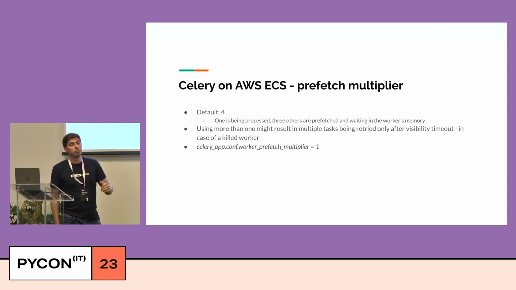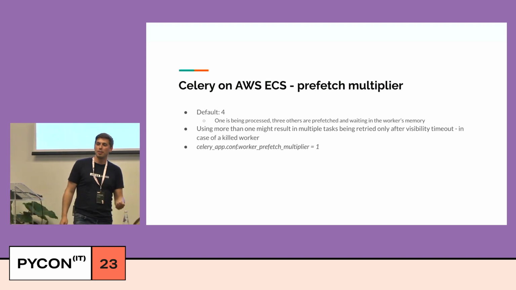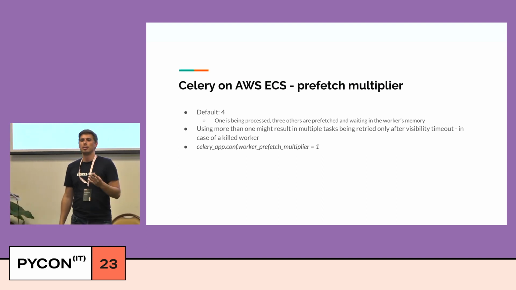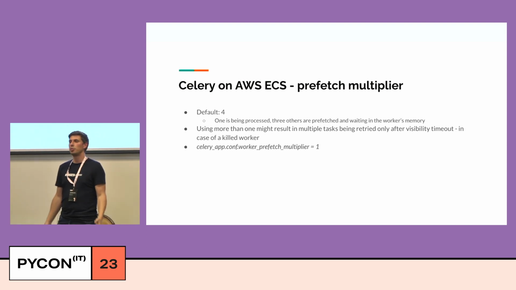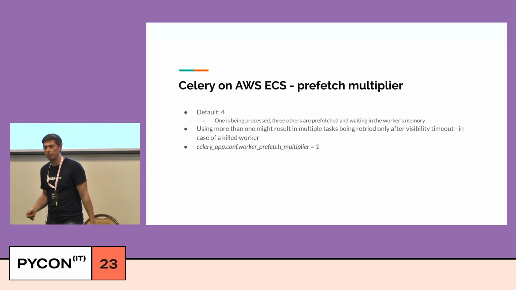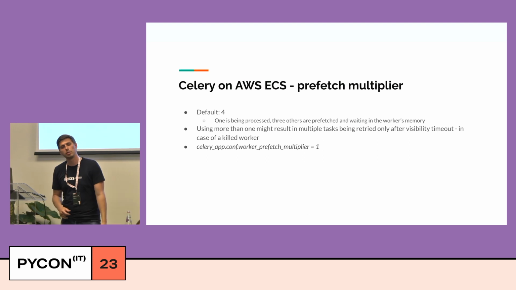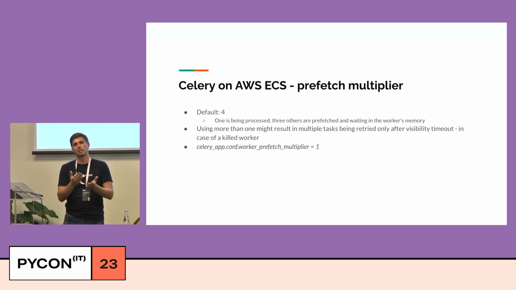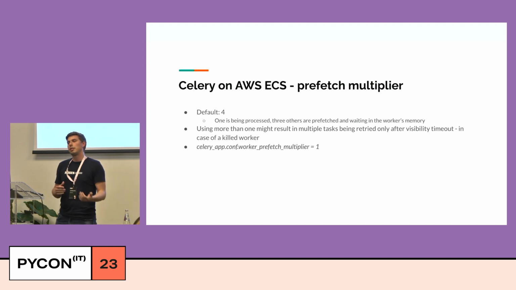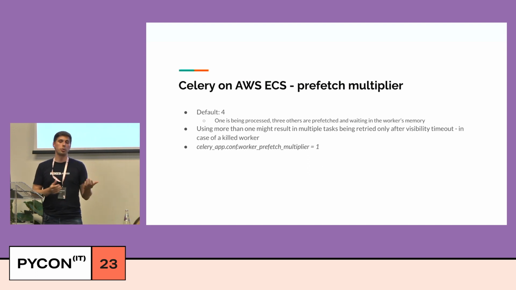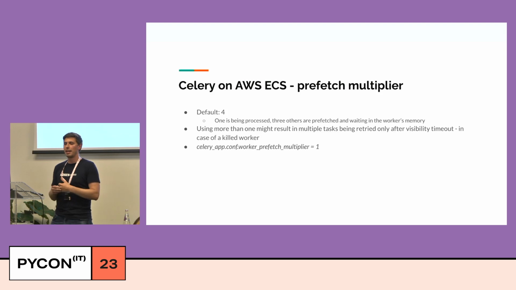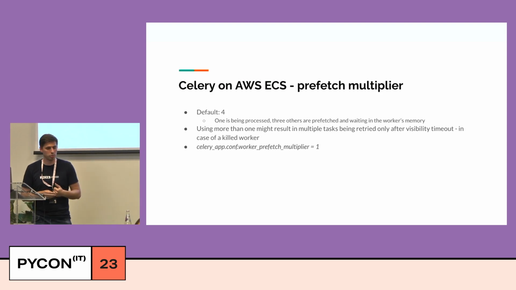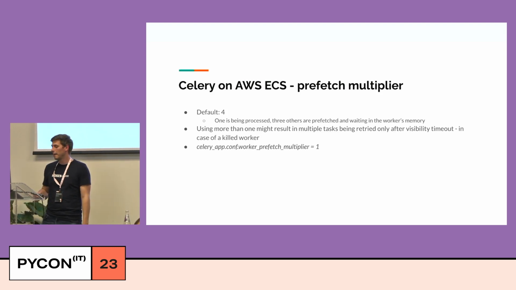The next thing is prefetch multiplier. By default, this is set to 4. The reason for that is to reduce overhead when fetching new messages from the queue, so that whenever one task is processed, another one can be picked up immediately. But if you don't have super short tasks, this overhead is too small to really make sense to care about it.